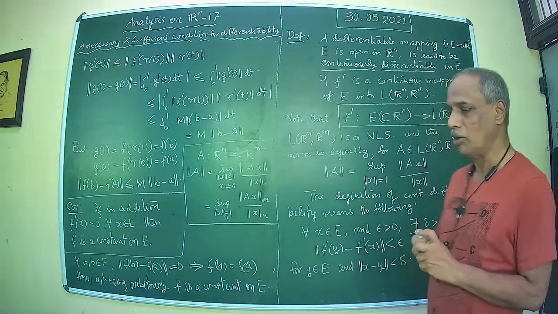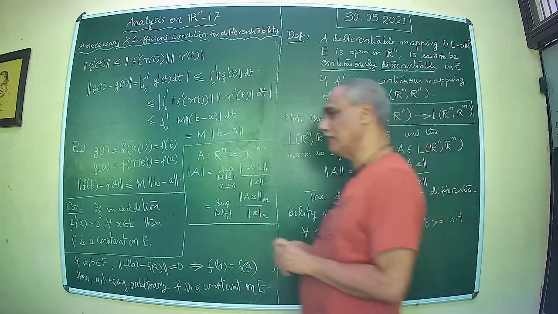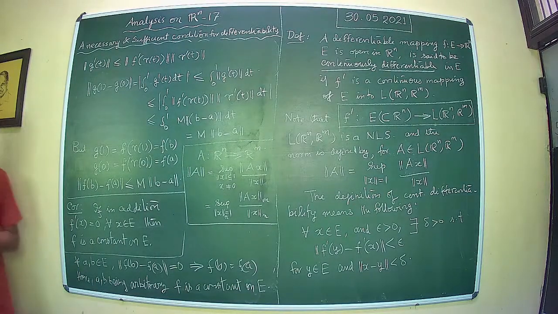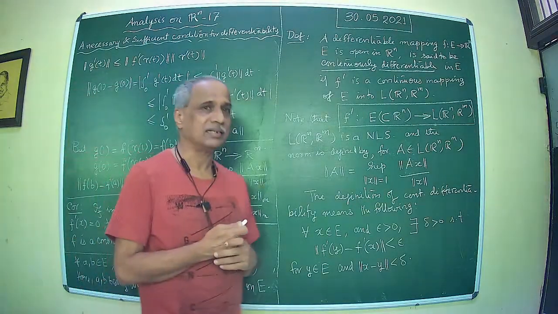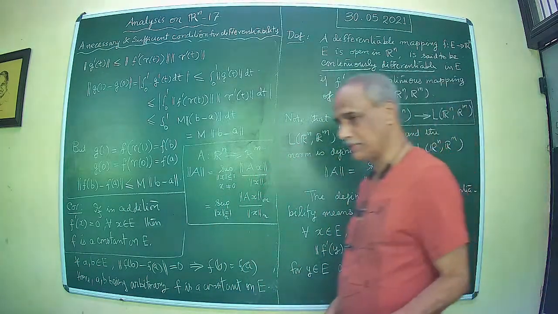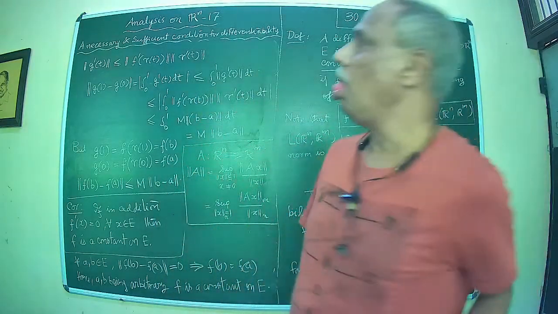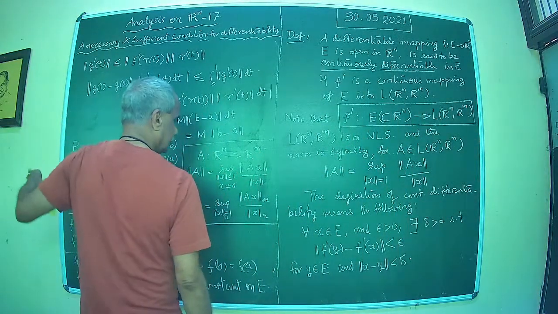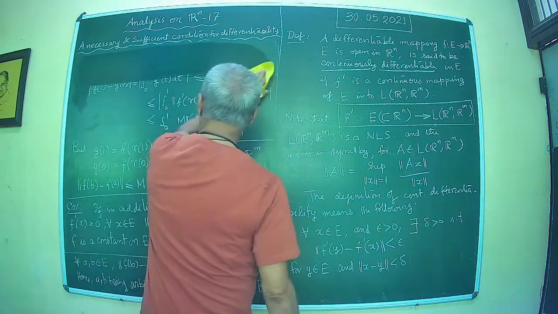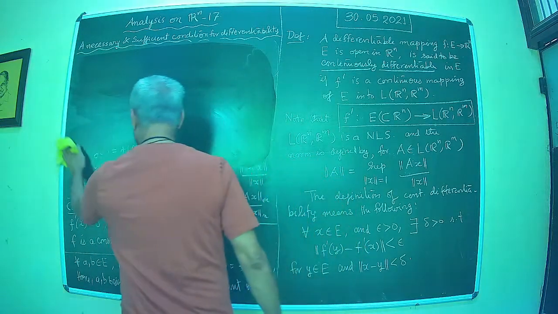Suppose you know that all the partial derivatives exist in E. Can you conclude that f is differentiable? This is the question that you ask. Okay? Or is it valid only under some further conditions? This is the question. So let me pose the question and then we will take it up. We also investigate a certain example and after that we give the main theorem.